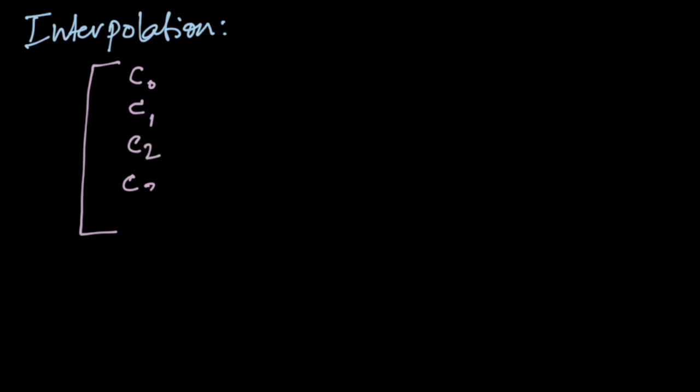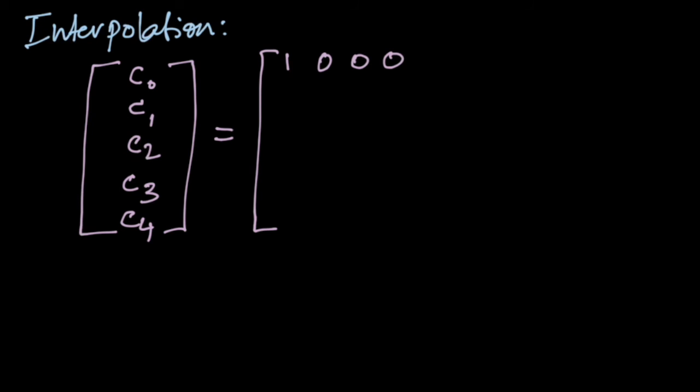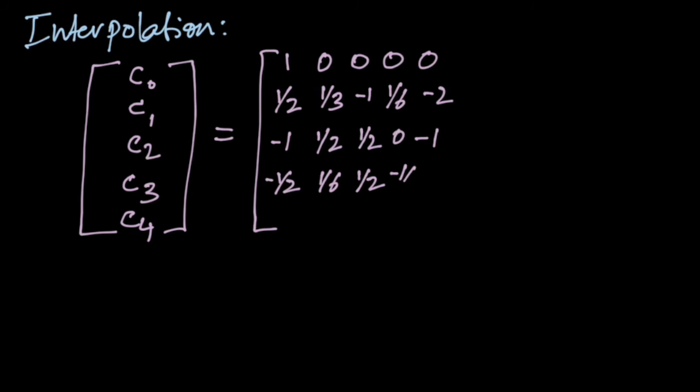Then we have to interpolate it back to get the coefficients. So this is the inverse matrix for the order 4 polynomial that converts from polynomial values back to coefficients.